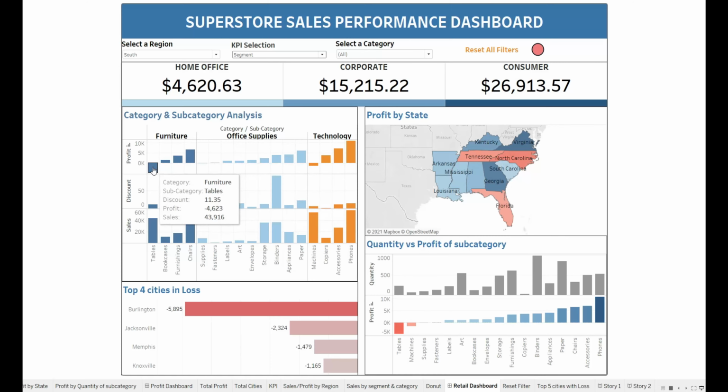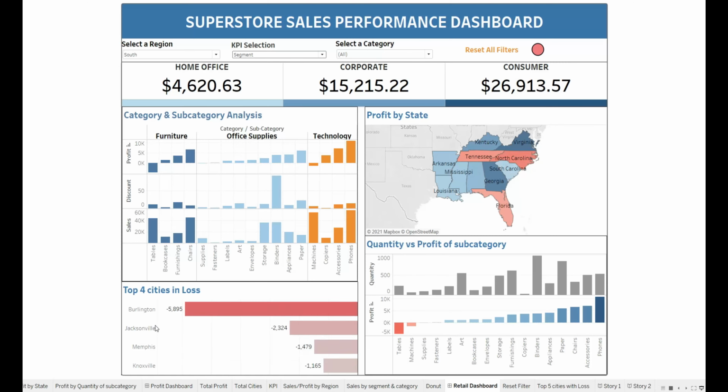Now for tables, we can see there is a discount also, but for the amount of sales and discount, we are not getting a good profit. Now here coming to profit by state, we have North Carolina as the state with the highest loss. And then the state with the highest profit is Virginia.